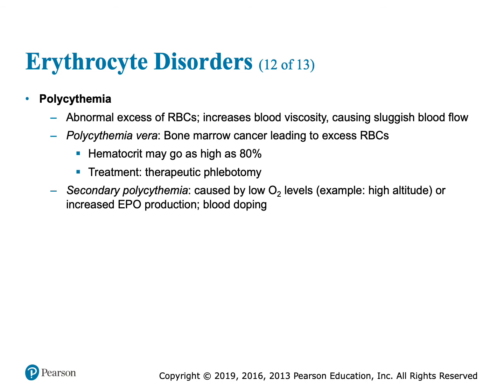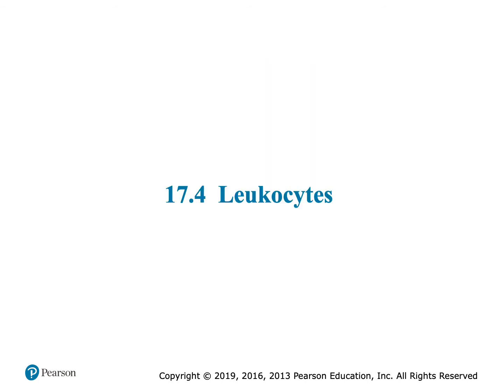Blood doping. I think that's the next slide. No, it's not. So I'll tell you about blood doping. Blood doping is when somebody is going to do some sort of athletic event, and they take out some of their blood a couple of weeks before the actual event, and they bank it. So the blood is kept alive in a blood bank.